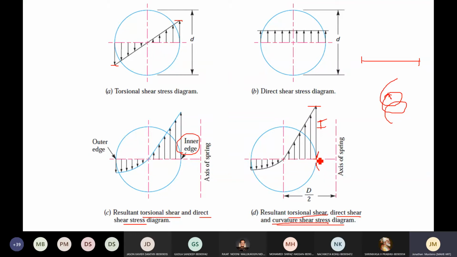That is why this is forced to bend more, forced to plastically deform more, and that is why it is already stressed. So curvature shear stress is already there while manufacturing. When loading, you are additionally putting torsional shear and direct shear, and the combination of all those three gives a very high stress at the inner edge itself. I think that should have answered your question. Yes, sir.